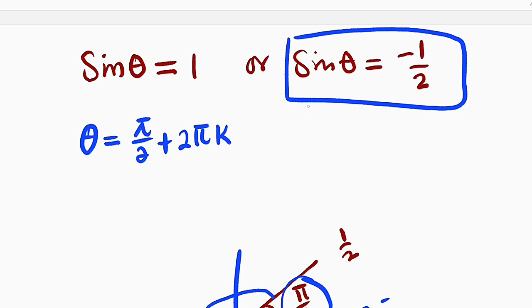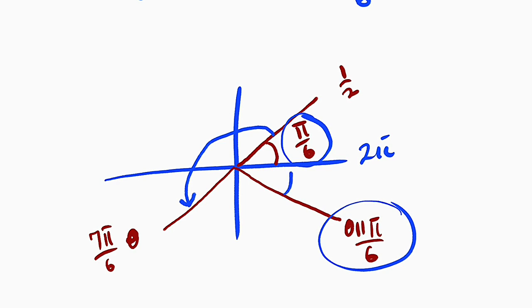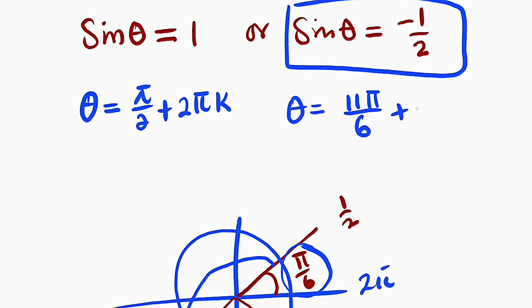Therefore, the solution to this problem, theta, will either be equal to 11 pi divided by 6. And from this 11 pi divided by 6, once you add a complete cycle, you're going to still come back to where you started. So we're going to add multiples of 2 pi. And the other one will be 7 pi divided by 6.